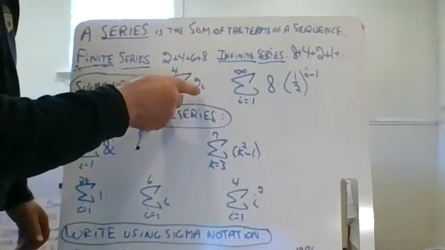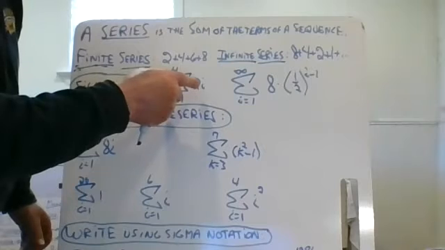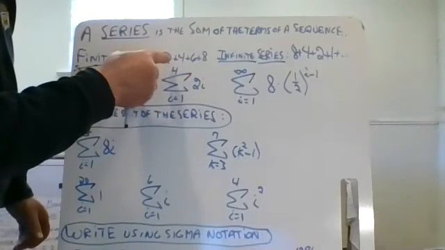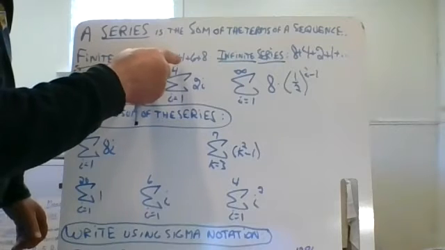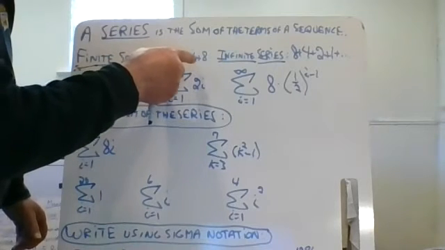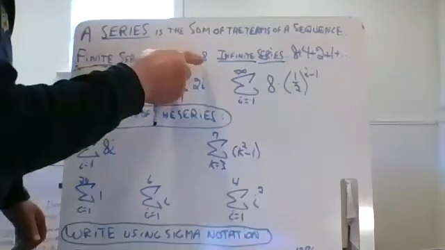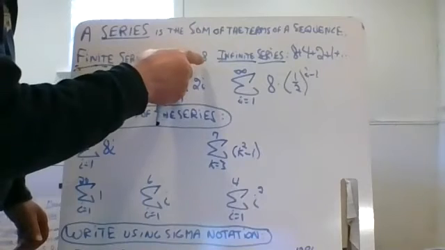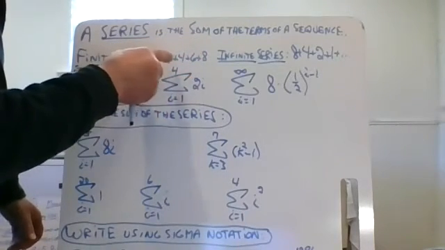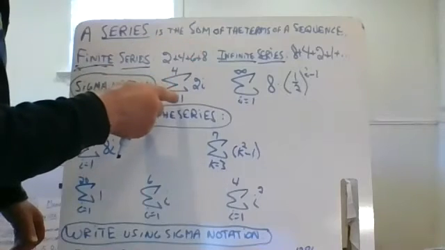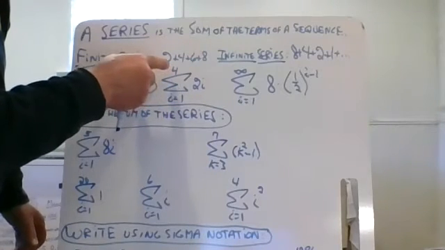The 2i is the term generator. That's what generates the sequence up here. 2, 4, 6, 8. Those are the terms of the sequence that we're adding. So 2i would give you 2, 4, 6, 8 as I goes from 1 to 4.